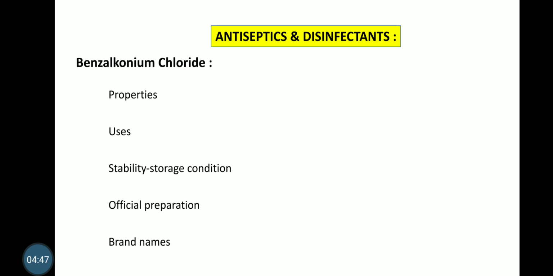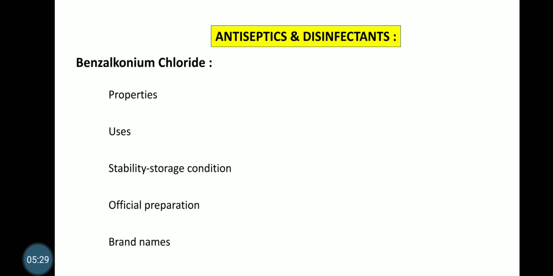Then the next drug is benzalkonium chloride. It occurs as a clear, colorless or slightly yellow powder with an aromatic odor. It is miscible with water and ethanol. Uses: it is used to get relief from painful infections of the mouth and throat. It is used for cleansing of skin. It is used as a preservative in eye solutions and eye suspensions.